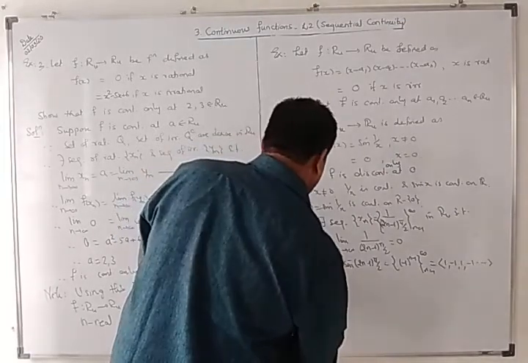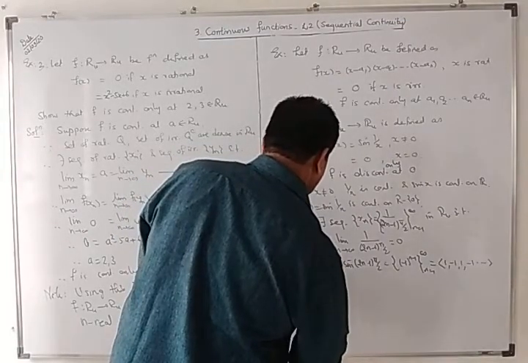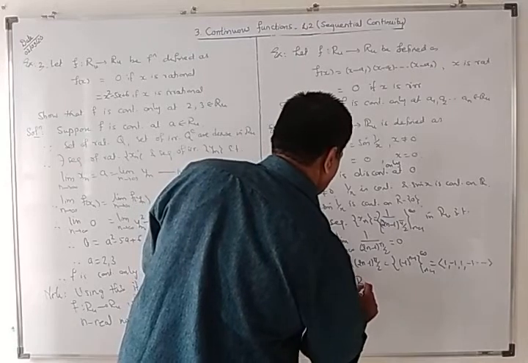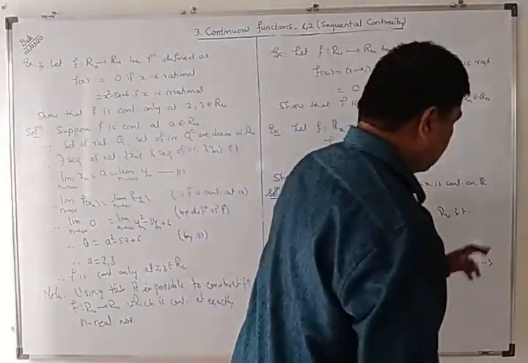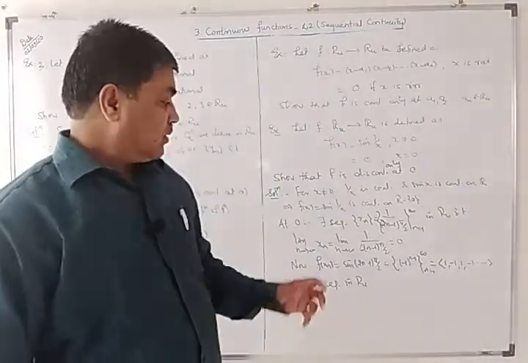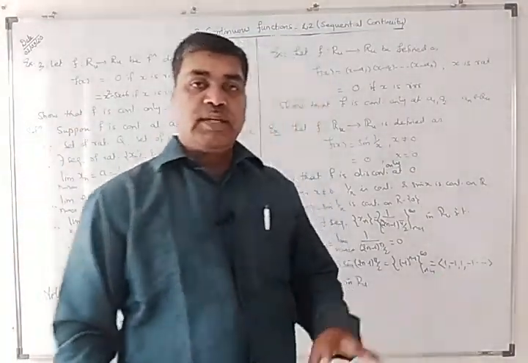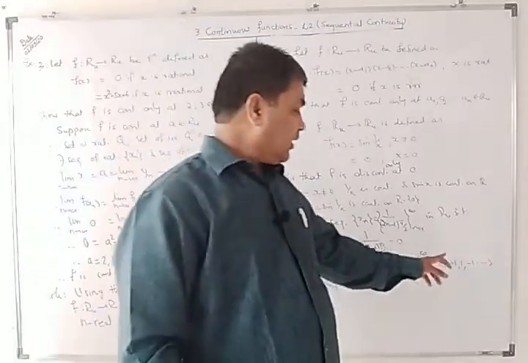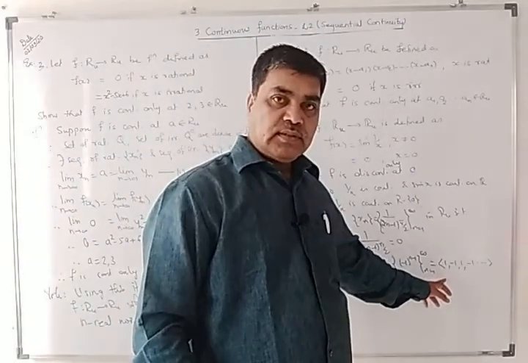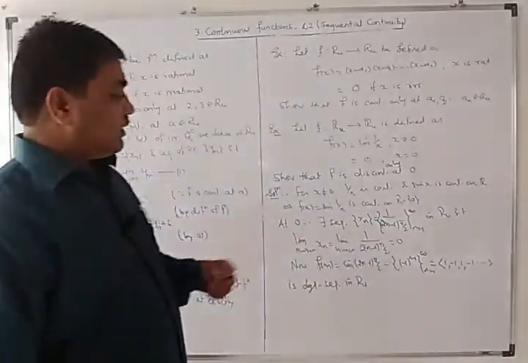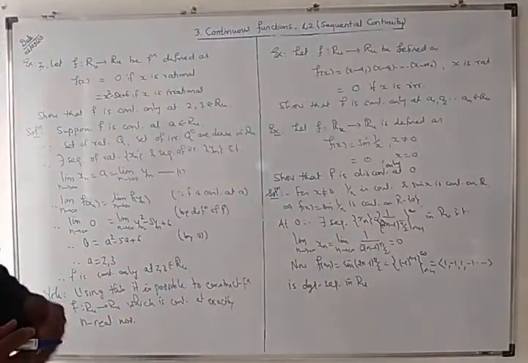It's a divergent sequence in R because it has two subsequences: f of x(2n minus 1) is 1, and f of x(2n) is minus 1.